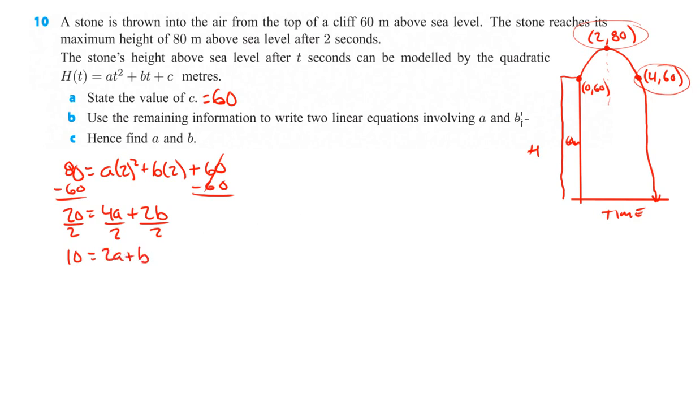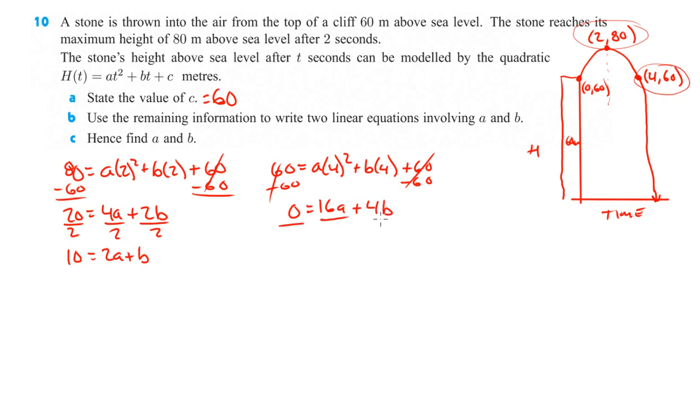Now we can also use this other point over here, which is 60 equals a times 4 squared plus b times 4 plus 60. Subtract 60 from both sides, and we get 0 equals, let me back up here a little bit. 4 squared is 16a plus 4b.